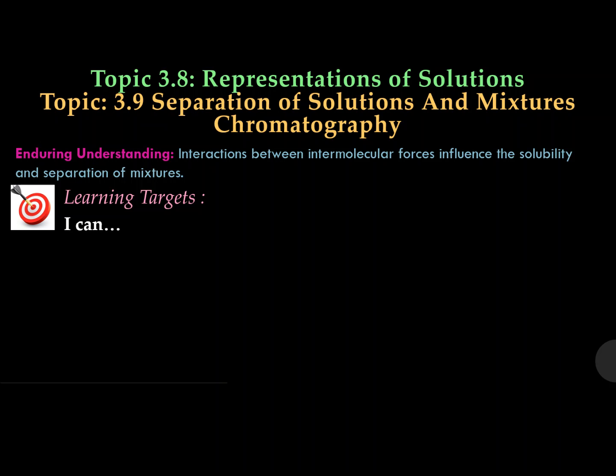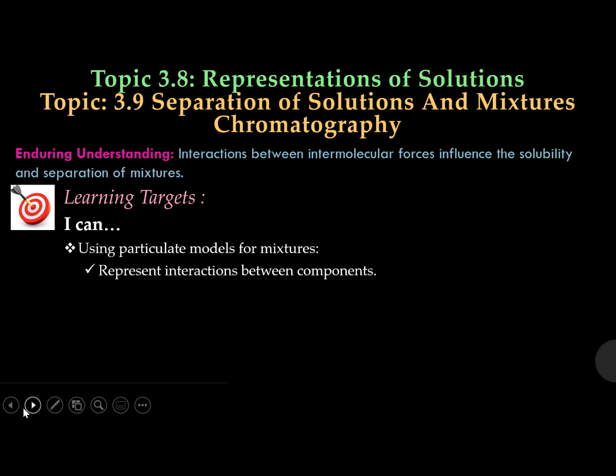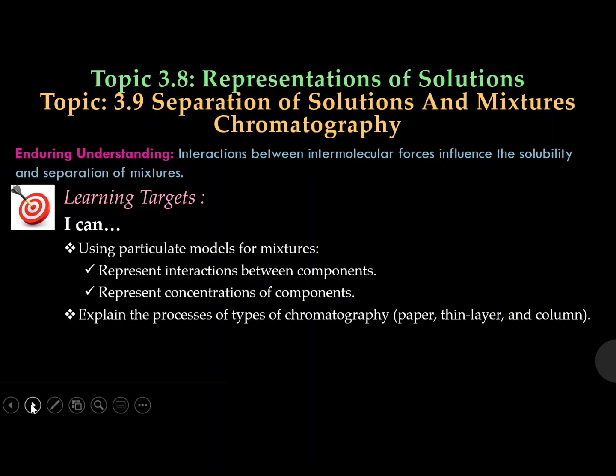So let's look here at our learning targets. Interactions between intermolecular forces influence solubility and separations of mixtures. So using particulate model diagrams for mixtures, represent interactions between components, represent concentrations of components, explain the processes of chromatography. There's 3 types: paper, thin layer, and column.